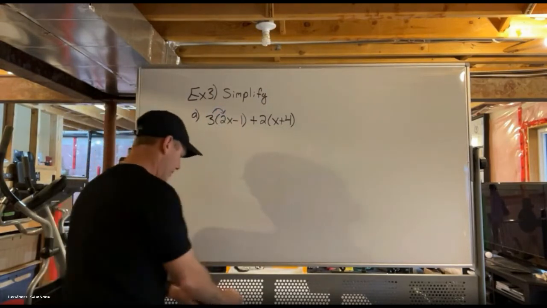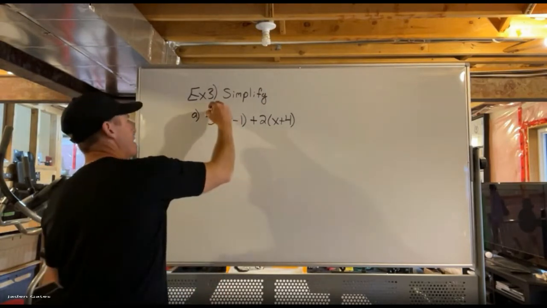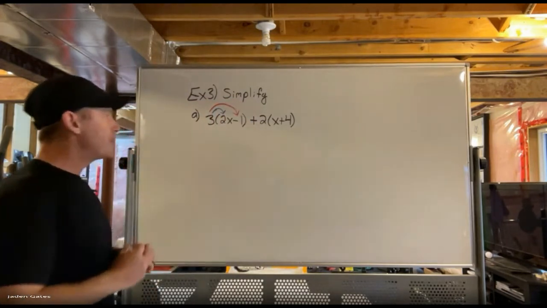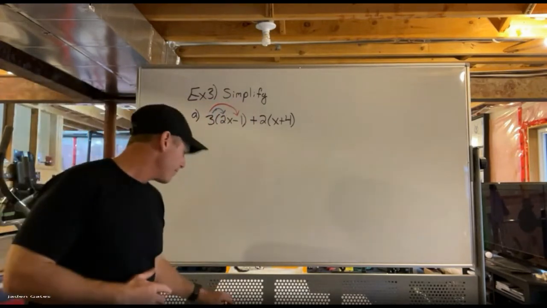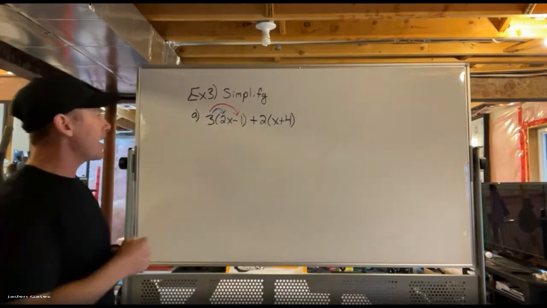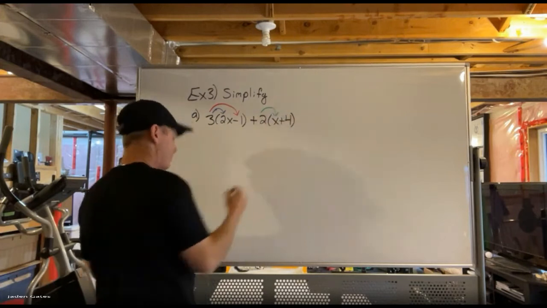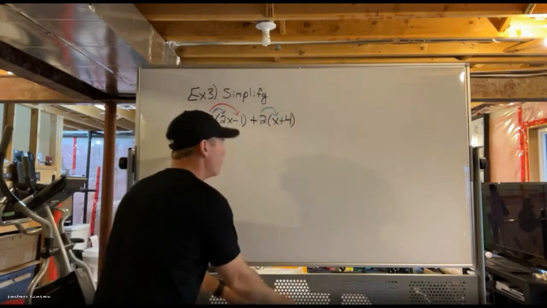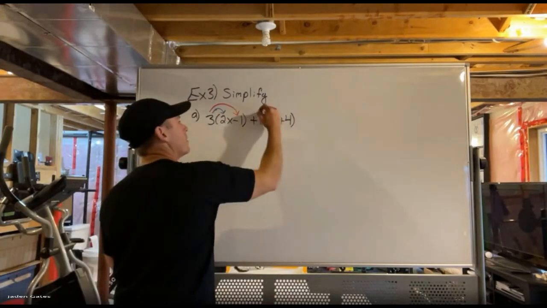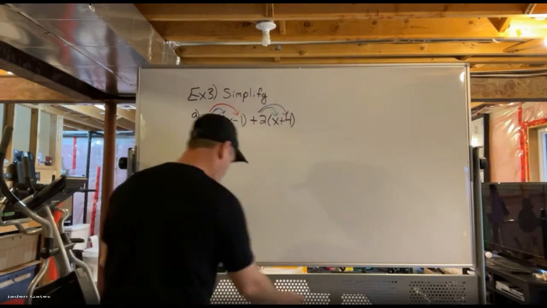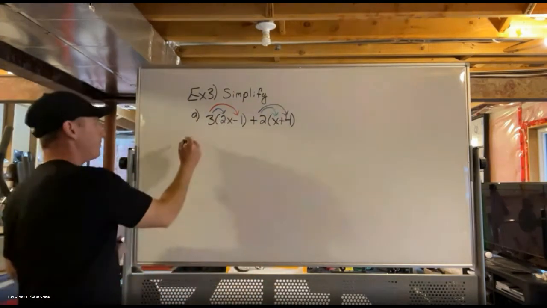I'm also going to have to take 3 times a minus 1. And then I'll be done with that rainbow rule. But then I have, like I said, a second rainbow rule where I'm going to have to take this 2 times the x and the 2 times the 4. All right, and then we'll go from there.